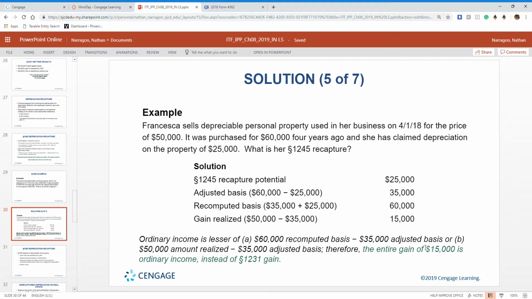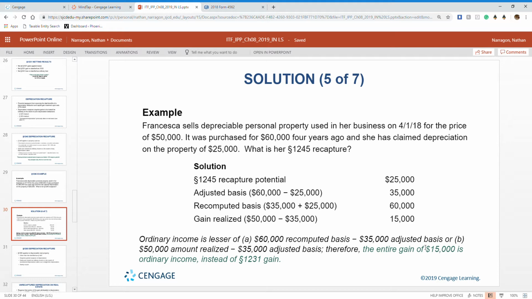The entire gain of 15,000 is considered ordinary income. Again, the 60,000 minus the 35,000 is only 25,000 in itself, which is the depreciation. So the entire gain ends up being ordinary income instead of a Section 1231 gain.